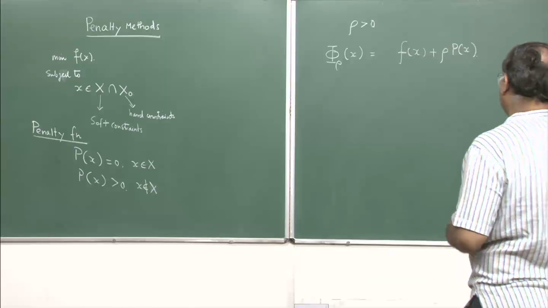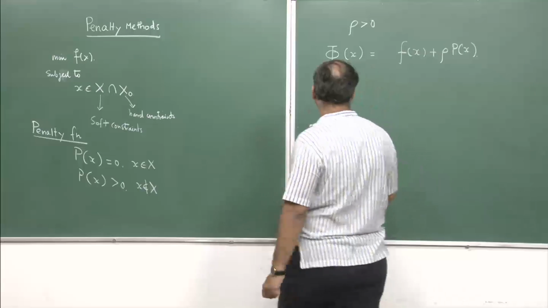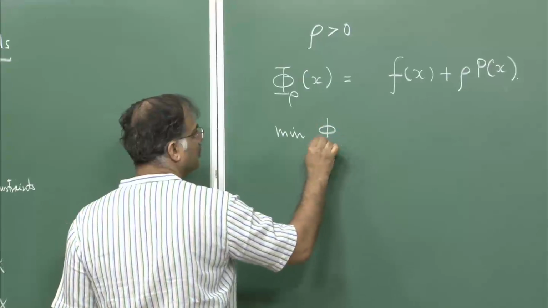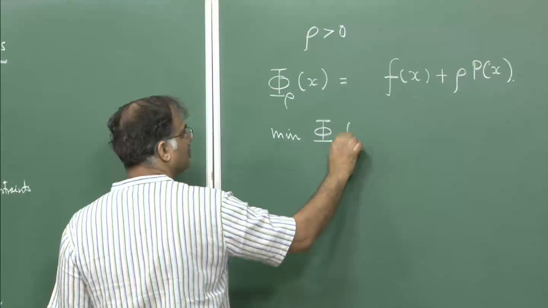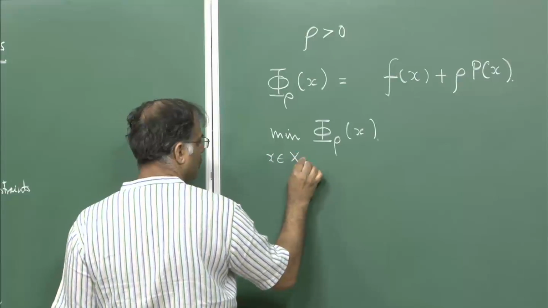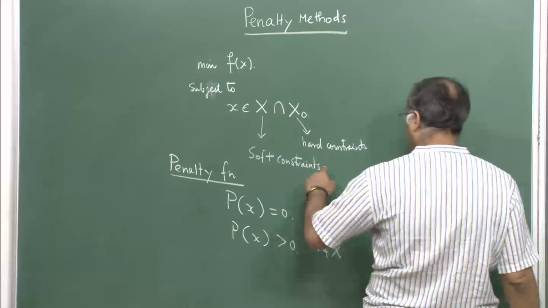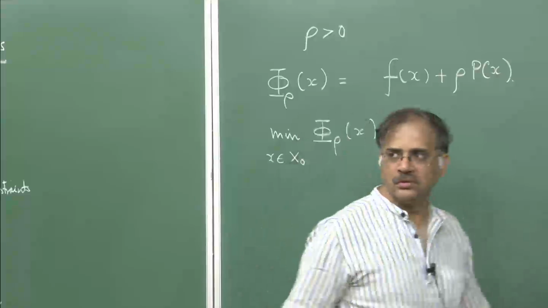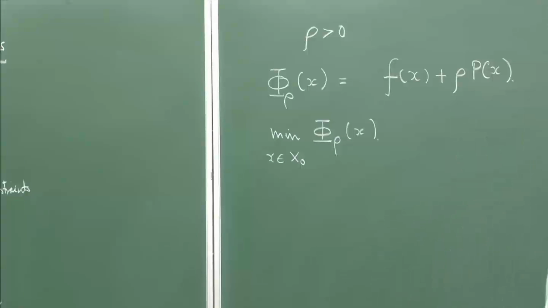This is very, very fundamental, and now we can talk about minimizing the penalty function over x an element of X naught. Now, if X naught is nothing but R n, you see this becomes an unconstrained optimization problem.